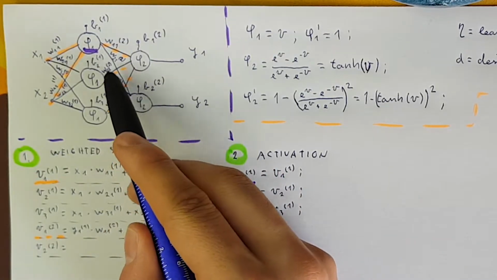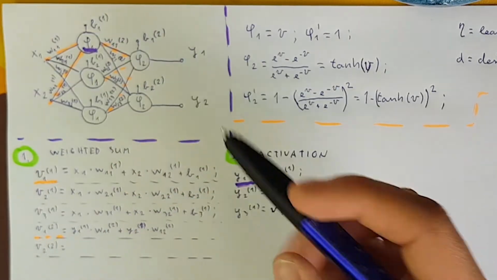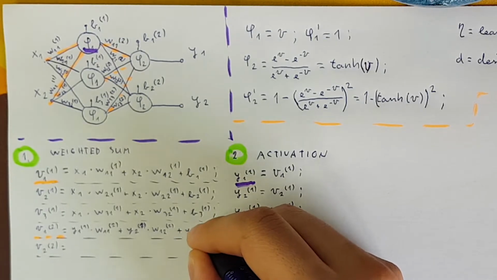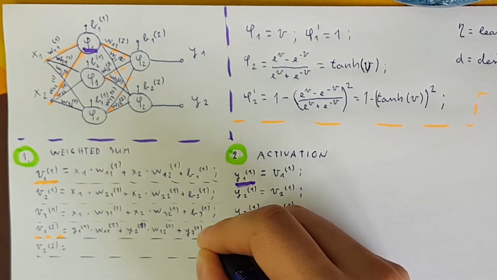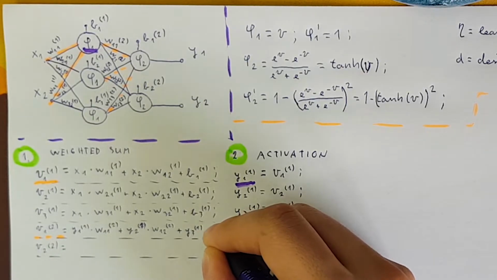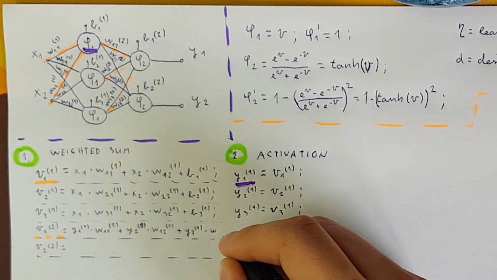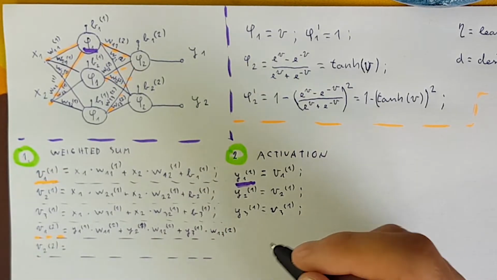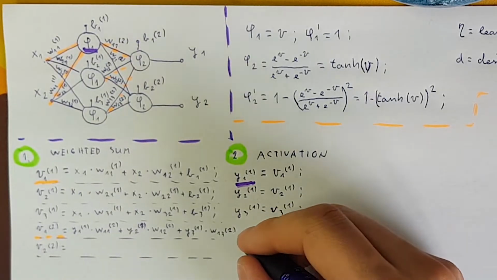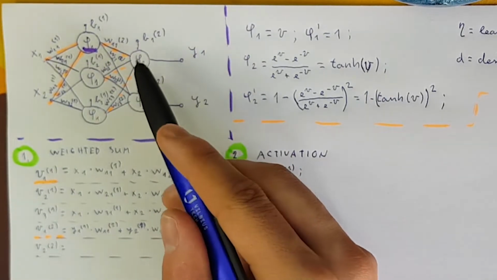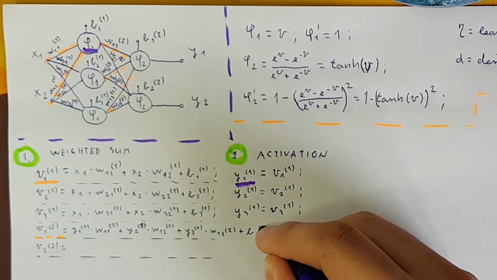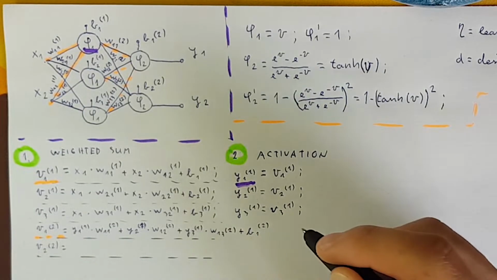Here we can see it: 1 1, 1 2, 1 3, and added y3 of first layer multiplied by W13 of second layer. And here let's not forget to add the b weight, so b1 of second layer.